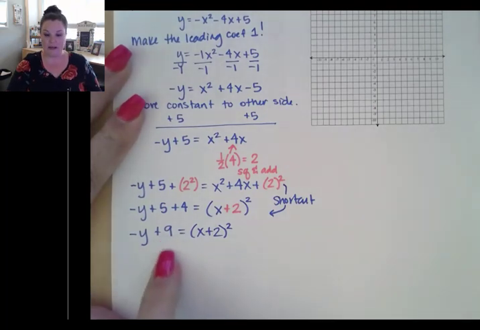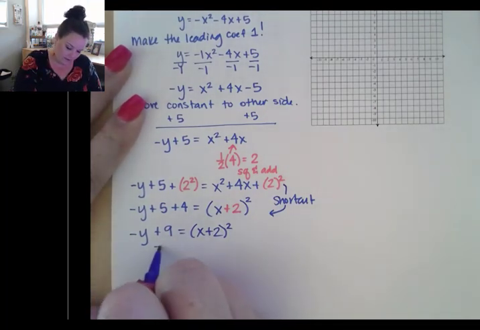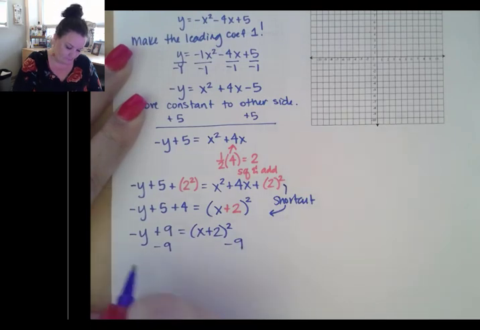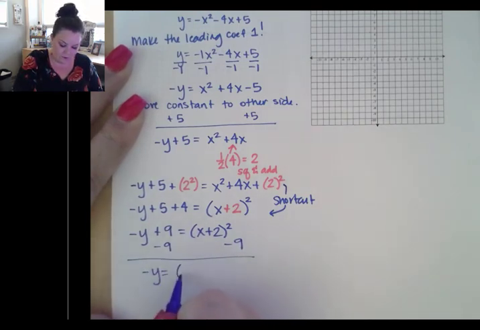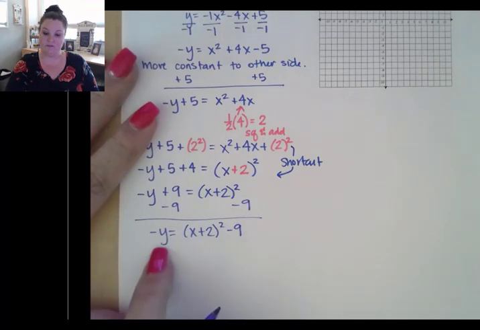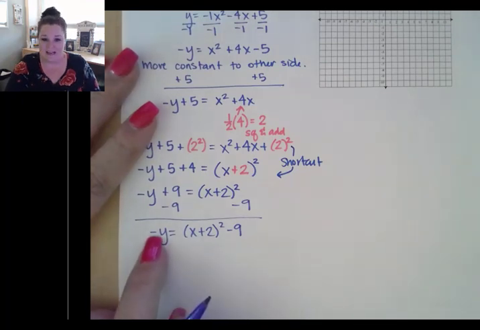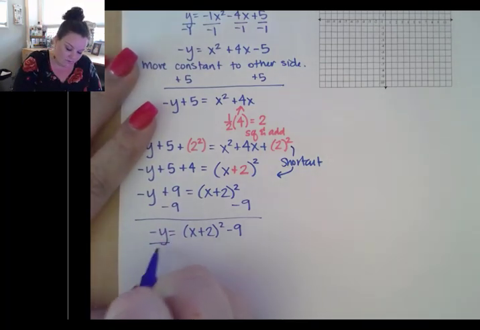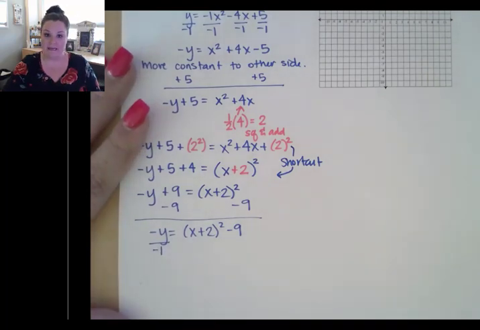And now I'm going to move my 9 over to the other side. I do that by subtracting. So I end up with negative y is equal to my squared quantity minus 9. And then the last thing I need to do to get this resolved for y is now to get rid of that negative, right? So just like we got rid of a negative before, we can divide by negative 1.